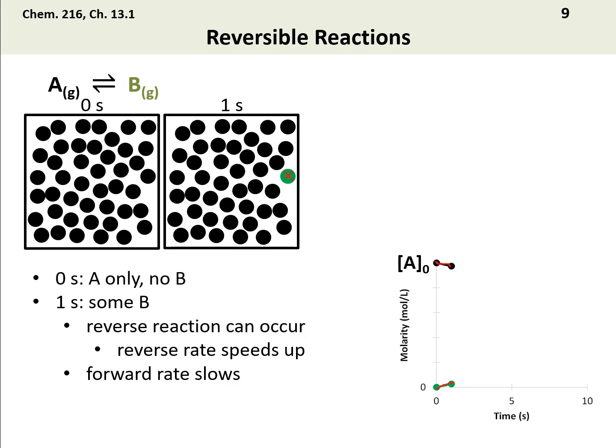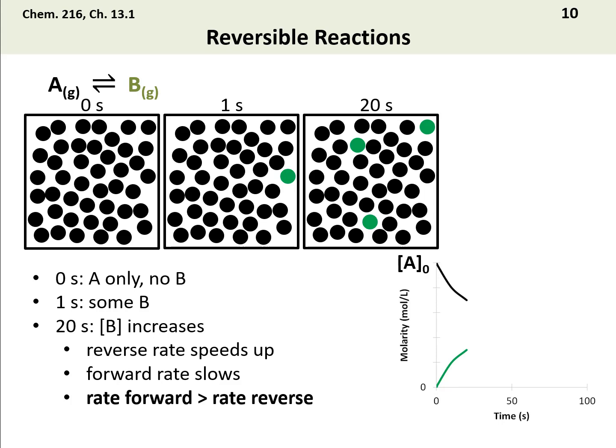And now look at the A's. I have less of these A compounds, the black spheres, right? So my forward rate is going to actually slow down, okay? So what's going to happen is, remember, when we were talking about rates, the slope tells us how fast something's going. So notice these start to slow down as I go along.